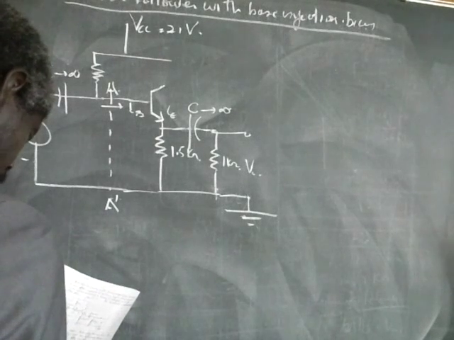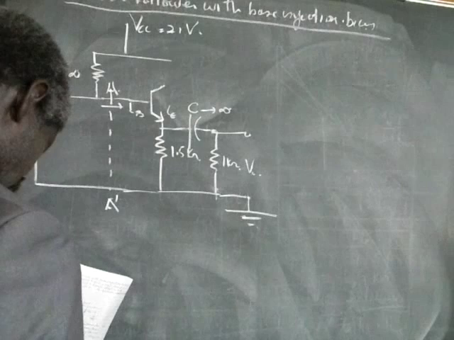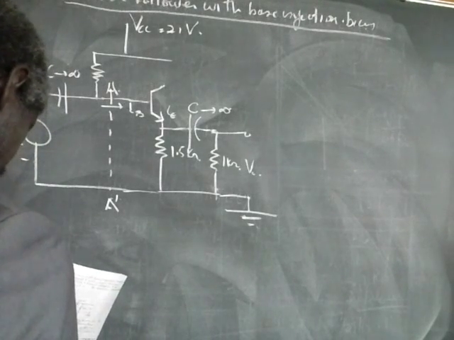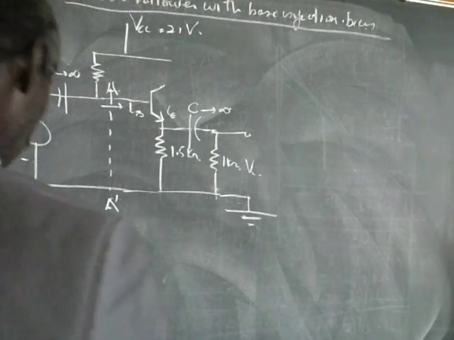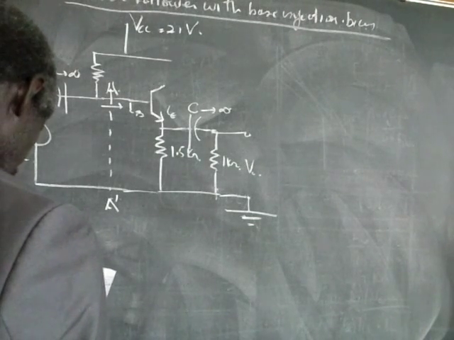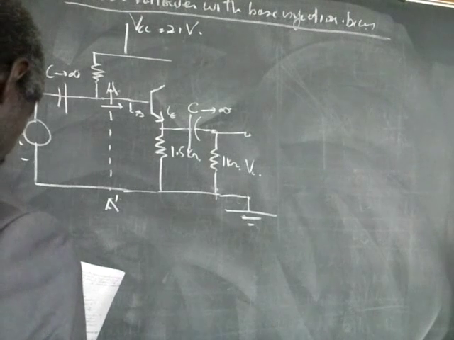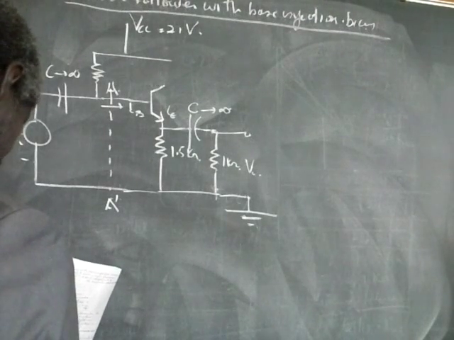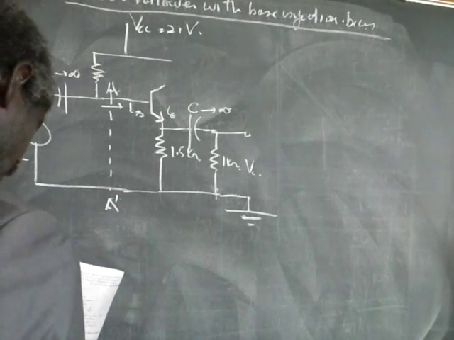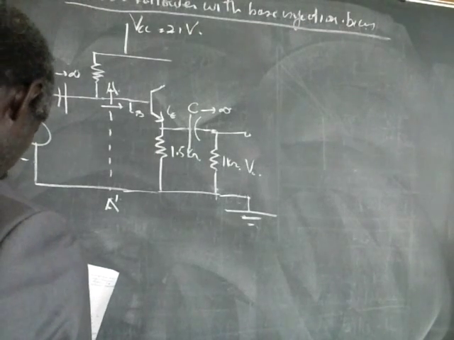Well, let us find R2 so that V2 can undergo a maximum symmetrical swing, or the V low.